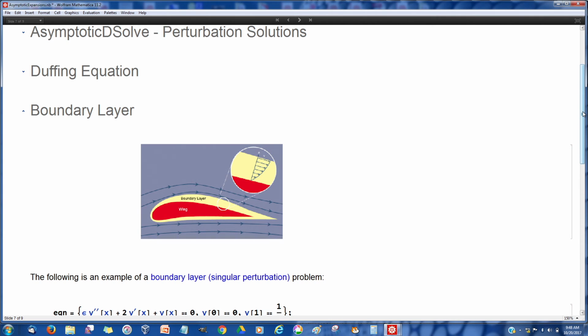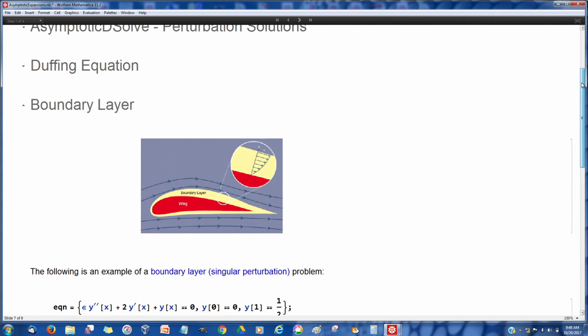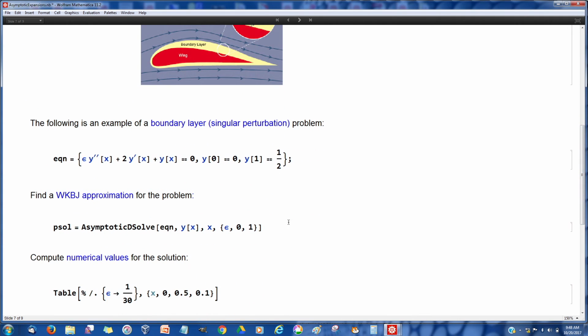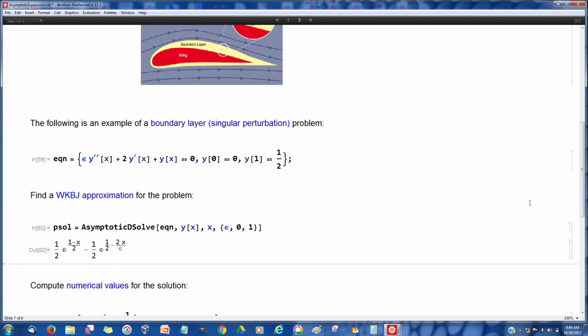So around 1940, Kurt Friedrichs came up with a very simple example that's over here. So the problem is you have the parameter epsilon over here. So you set epsilon to 0, things go wrong. So that's a singular perturbation problem. Fortunately, we have the WKB method from quantum theory, which gives you a really nice solution in this case.